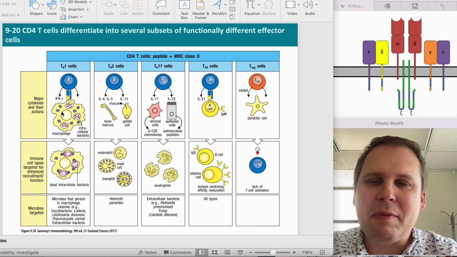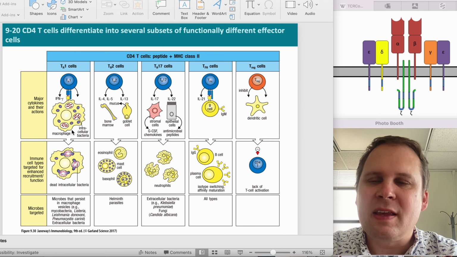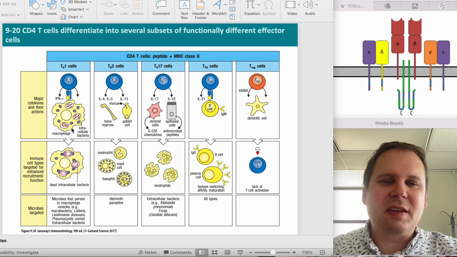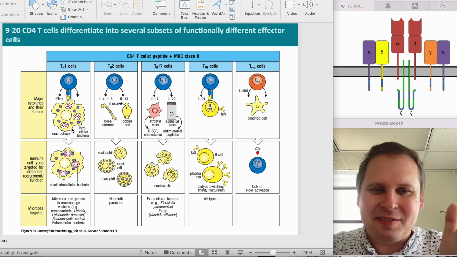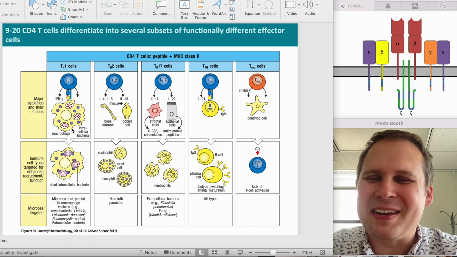Th1s make interferon gamma that can activate the macrophages, and then the macrophages can release a bunch of signals, and there are further steps beyond that, but we'll stay focused on the narrow for now.